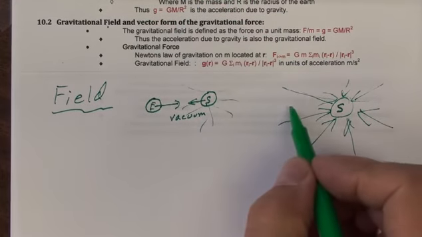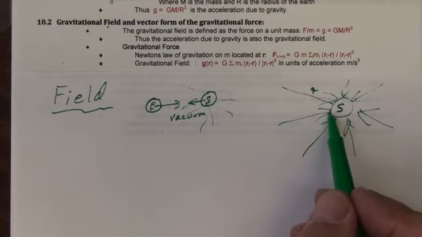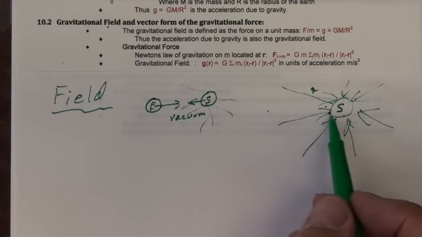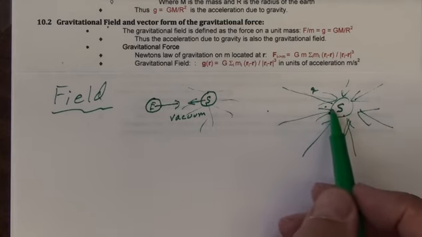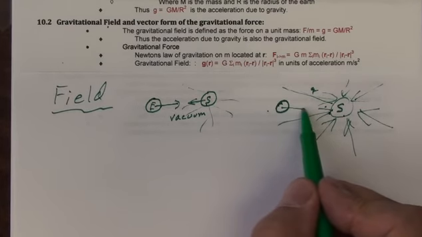The gravitational field, G, is a condition in space. And they say, okay, here's the Sun, and it causes a condition in space that does something to the space. It makes a gravitational field. Then if we put the Earth in that gravitational field, it feels a pull.